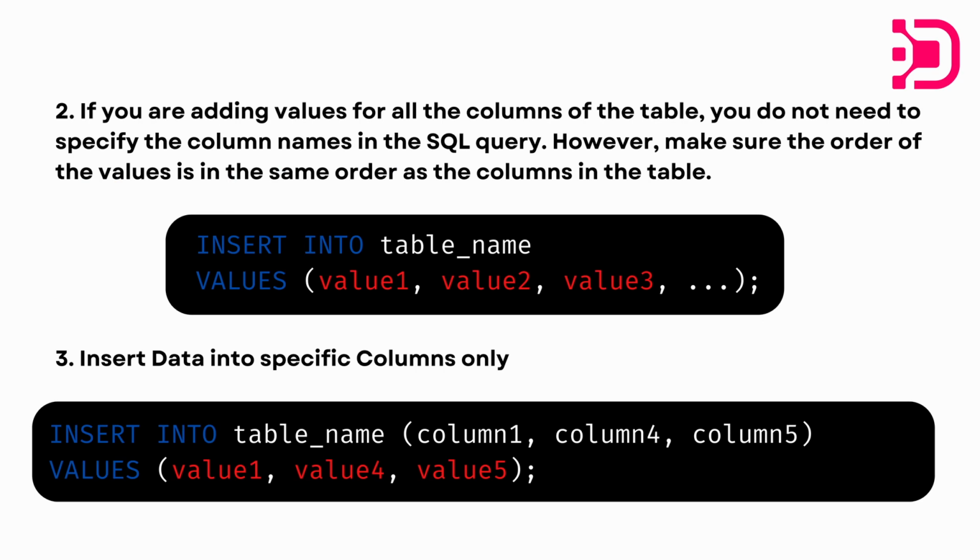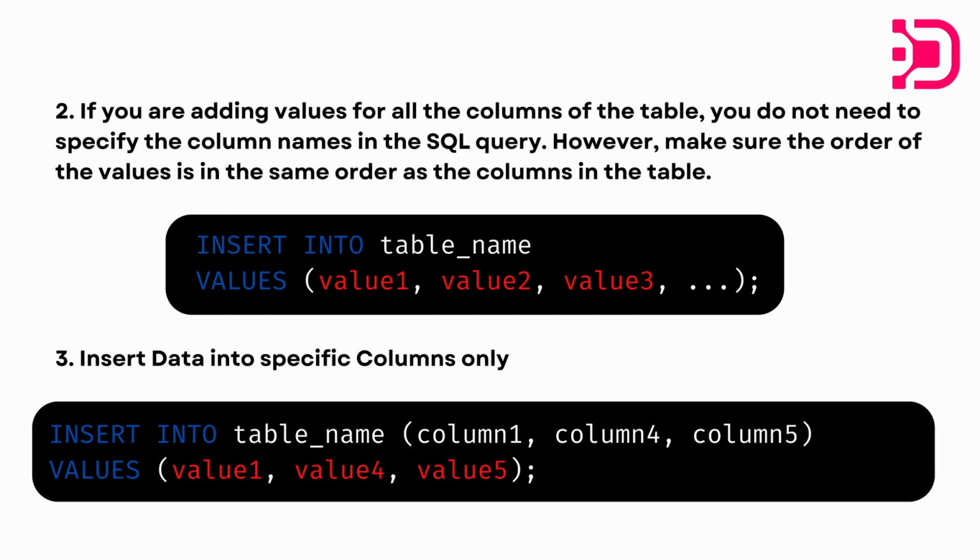And in this variation, we realize that if we are indeed inserting data into all columns of the table, then we do not have to specify this list of column names inside brackets that we had been doing in the previous version of the syntax. So in this version of the syntax, we've just got insert into table name, and then we write values, and then we list the values.